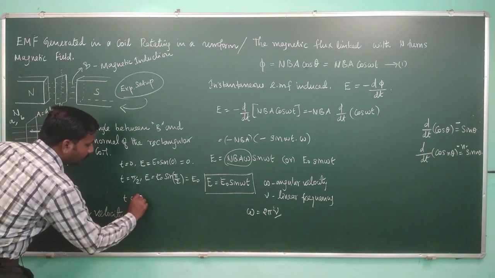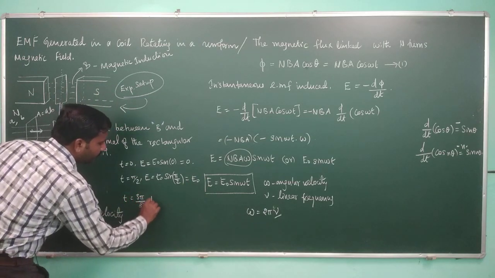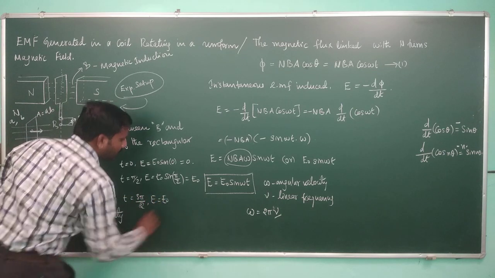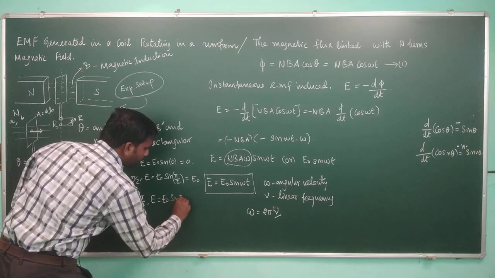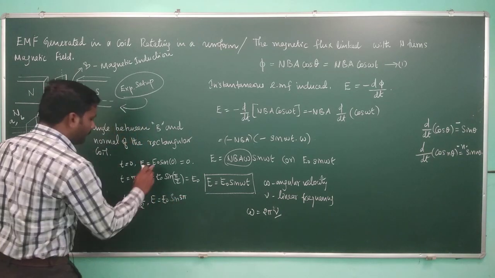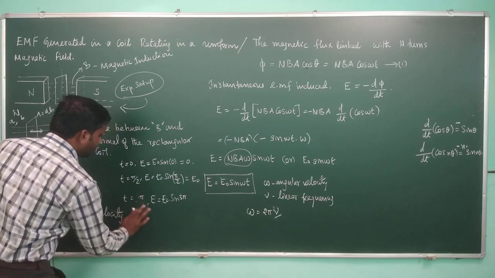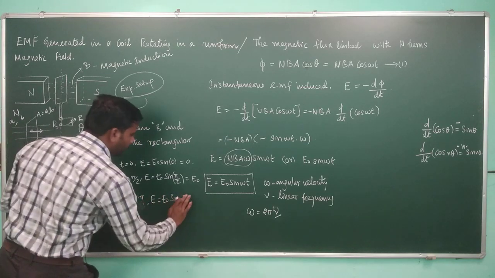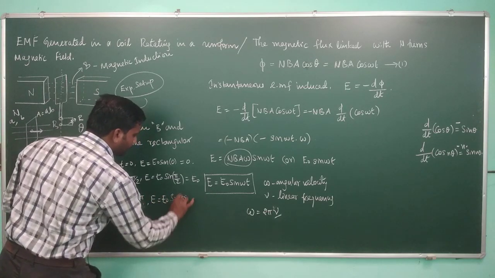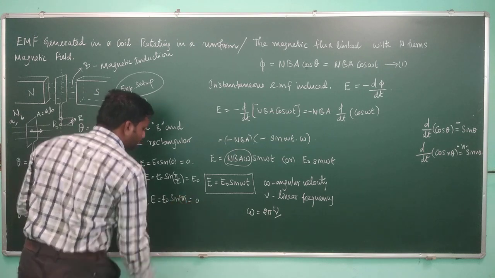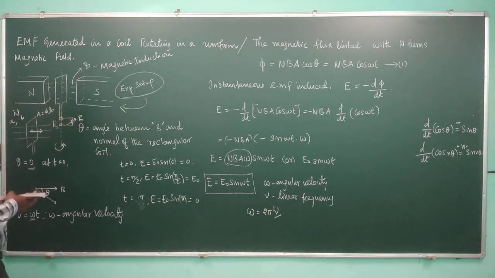Then for t equal to pi, E becomes E naught sin pi, which is also equal to 0, because sin pi equals 0.